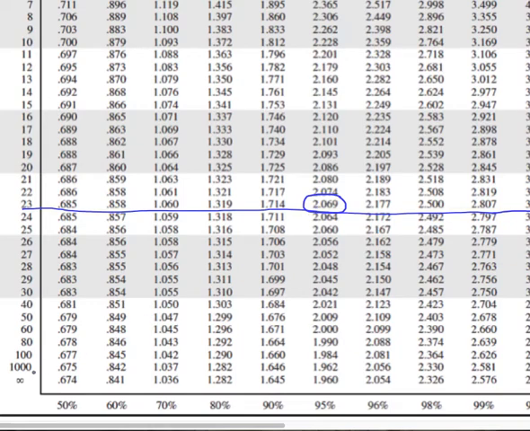You'll notice, just like it said in the reading guide, this last column is of course now called infinity. You should understand why. These are the z star values, because if you take the limit as the degrees of freedom approach infinity, you get z.